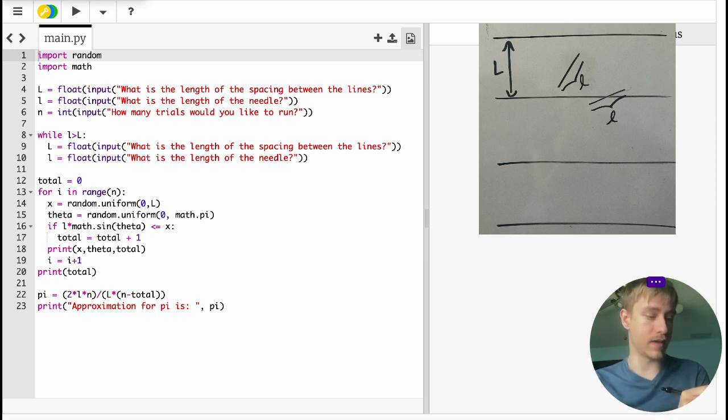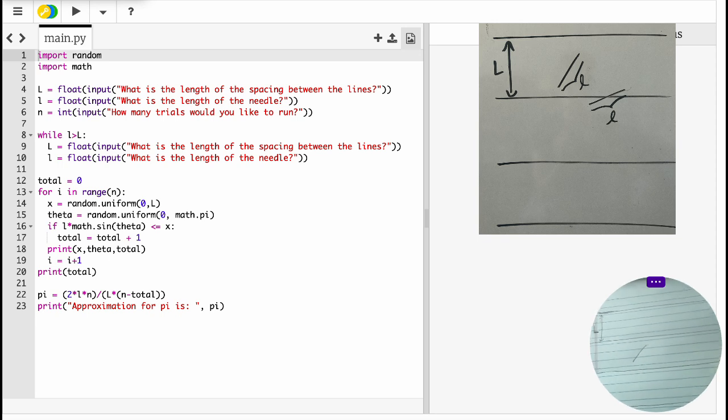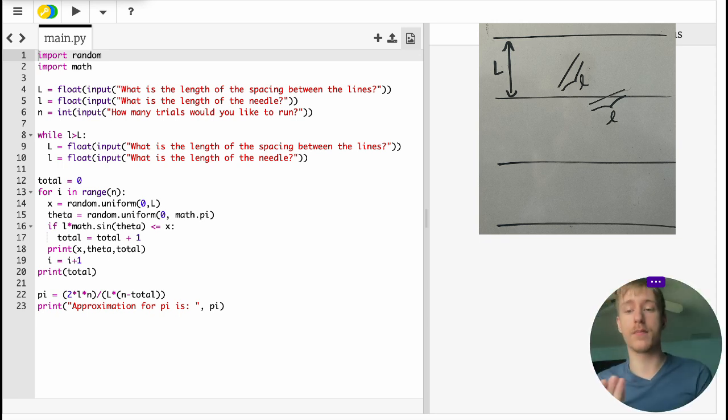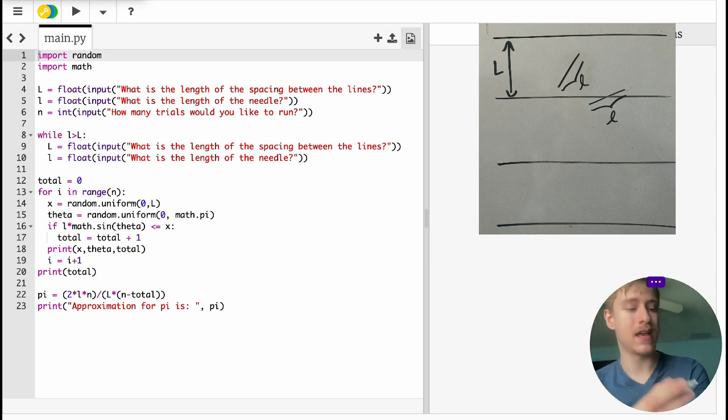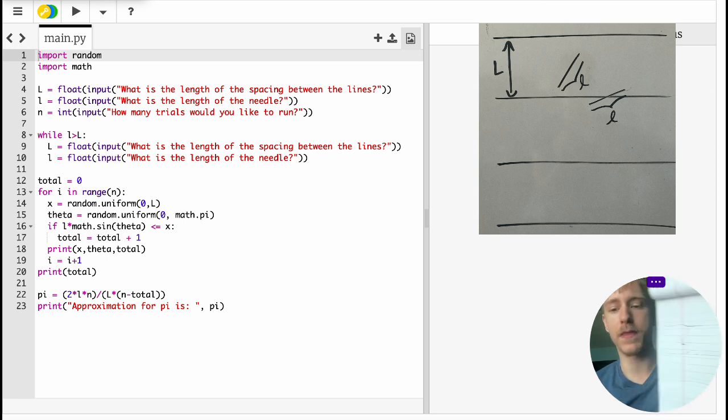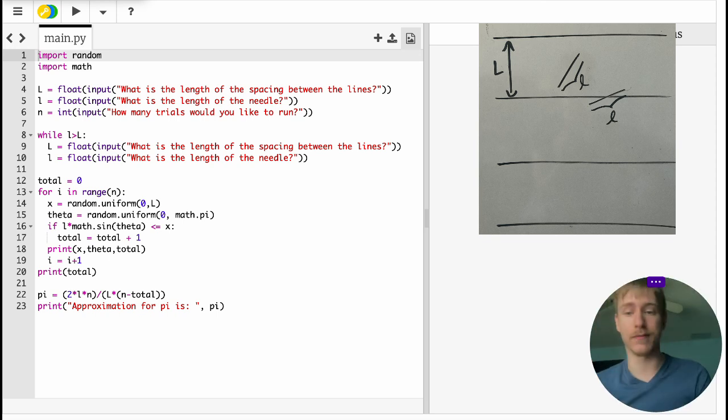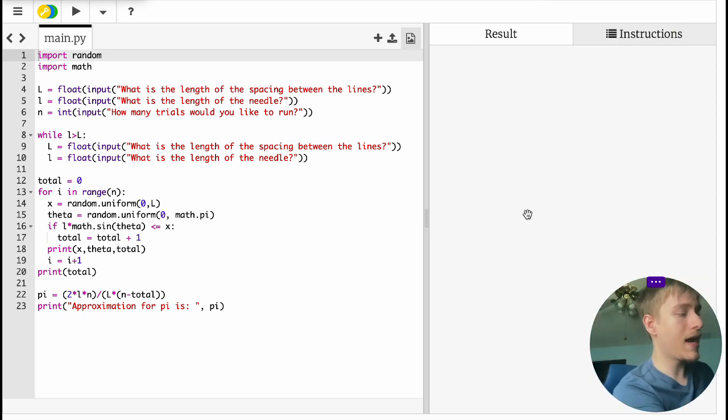Okay, so maybe it's going to look something like this. And I'm interested to know kind of the probability that the needle is going to touch one of these lines. Okay, so in this case, it looks like it's not touching. Okay, but if I orient it maybe a little differently with the same length of needle, in that case it is touching. So I wrote a computer program in Python to not simulate the probability, so to speak. We already calculated that before, but to actually see if we can approximate pi with this.